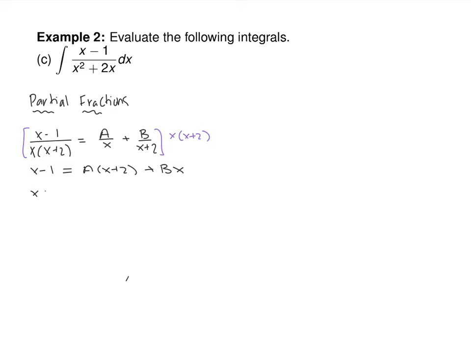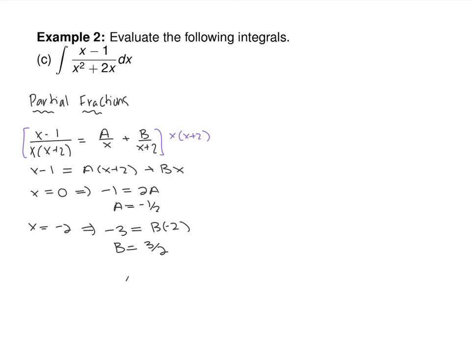So for example, if x equals 0, we get that negative 1 equals 2a, so therefore a will be negative a half. And if we plug in x equals negative 2, we get negative 3 equals b times negative 2, or b is equal to positive 3 halves.